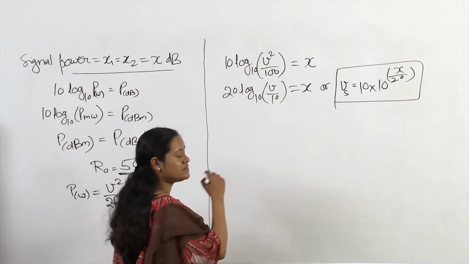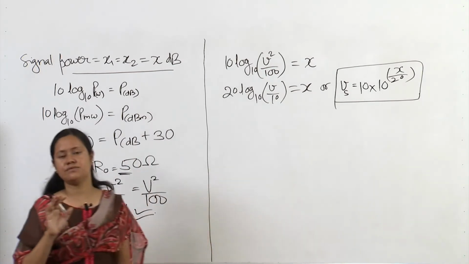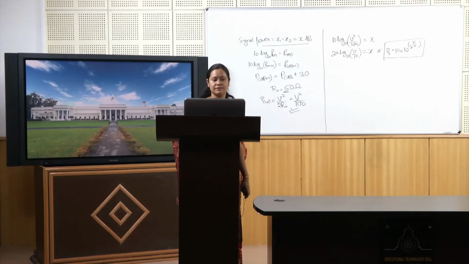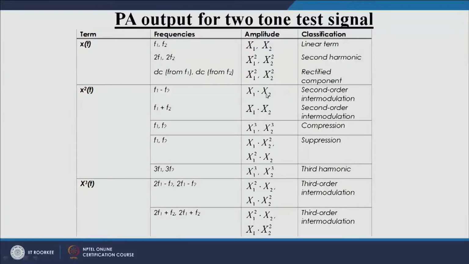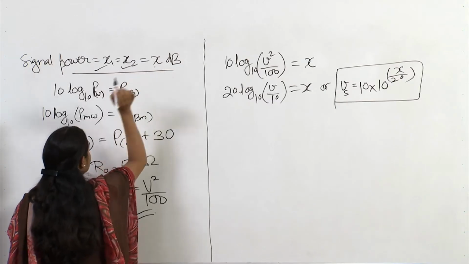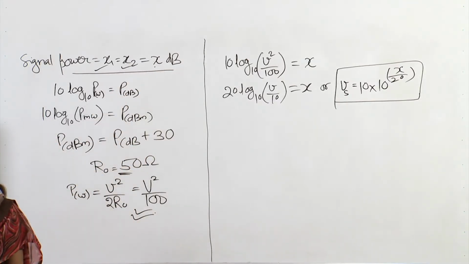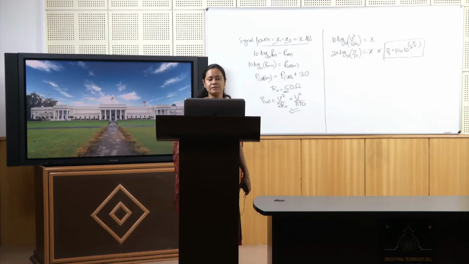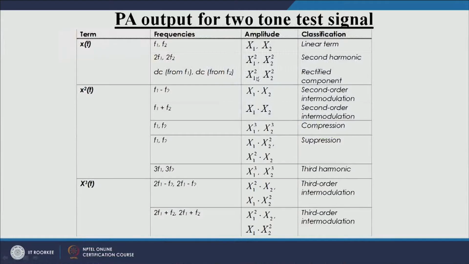Now, if this is our signal voltage, we had seen from our expression that for the second order intermodulation, it is always x1 into x2 or x1 square, x2 square. Now, we have assumed that x1 and x2 have the same power of x. So, for any of the second order distortion, it becomes x square again x square.